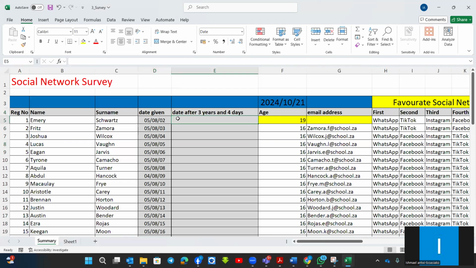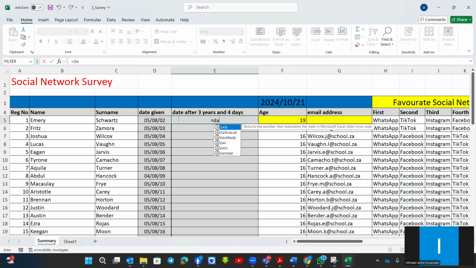Now, because the question says insert the date function, you have to use the date function: equal sign, DATE.